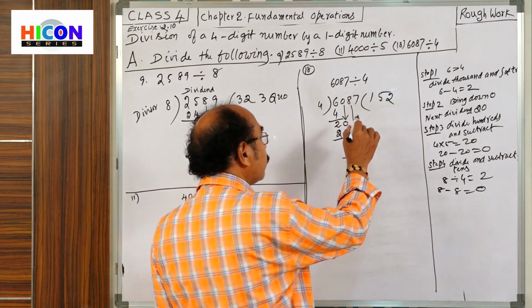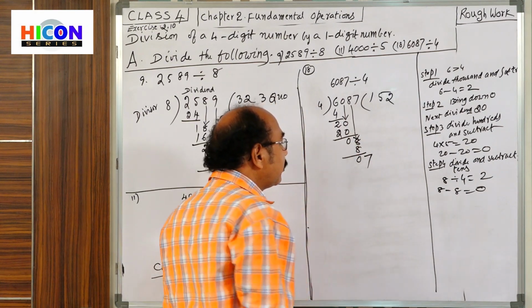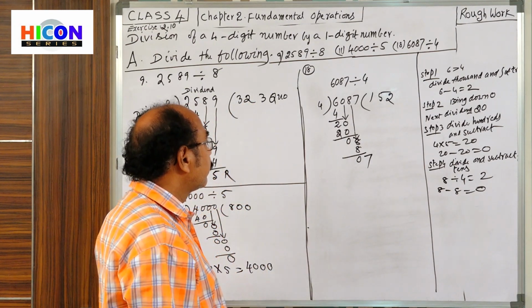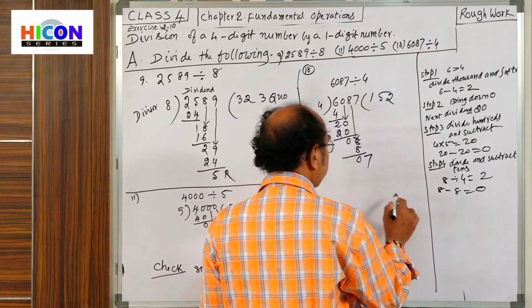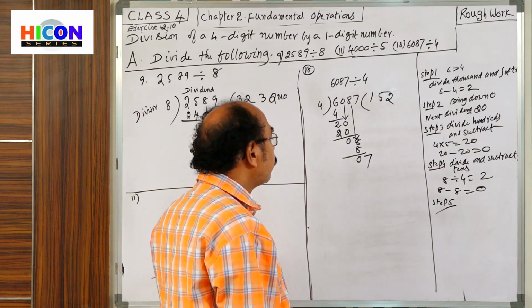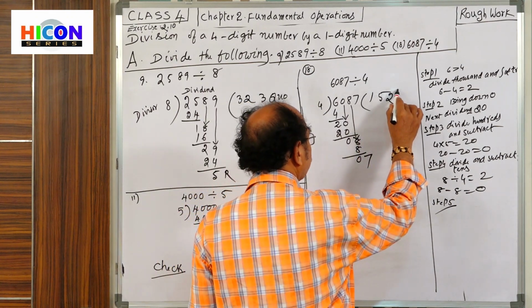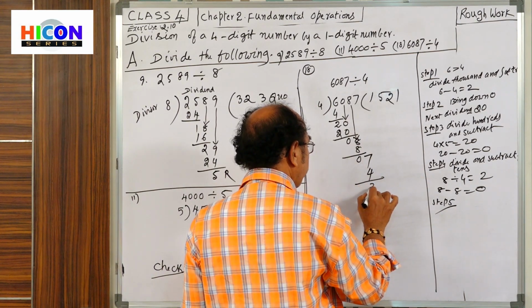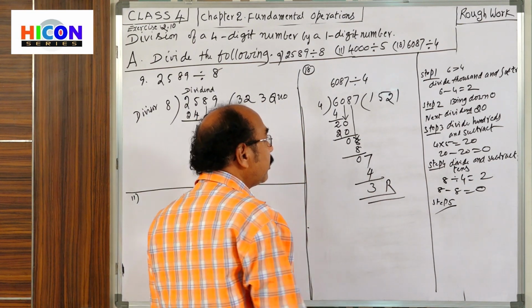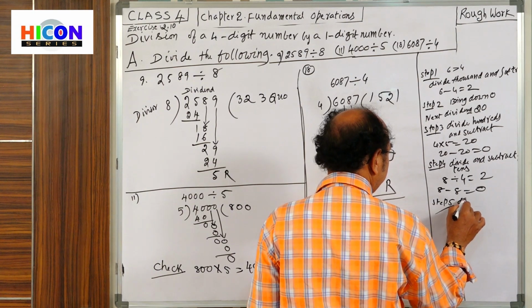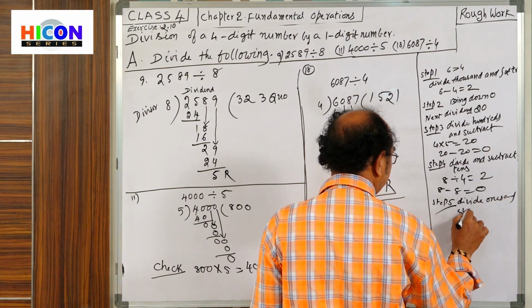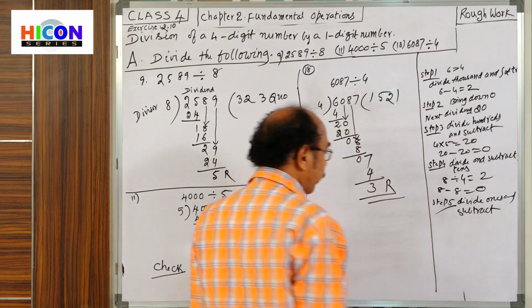Now bring down 7. Okay. How many times here? Step 5. Divide ones and subtract.